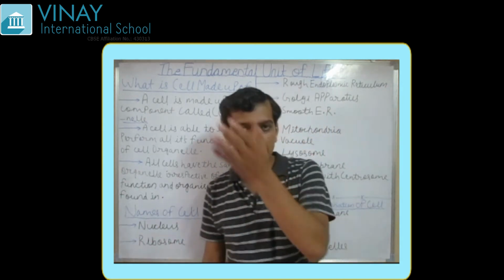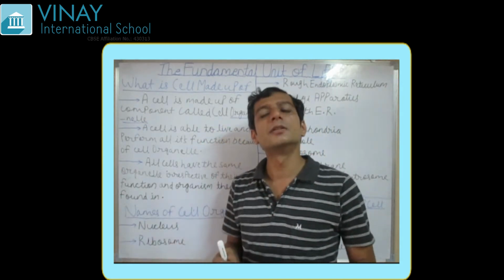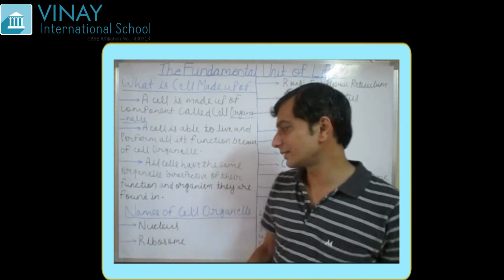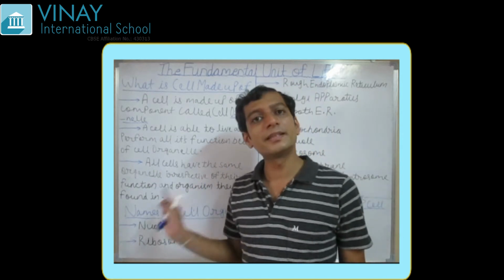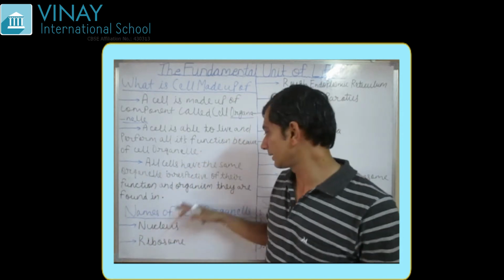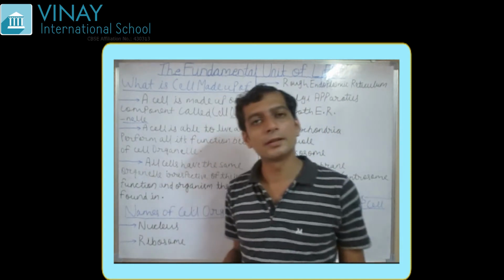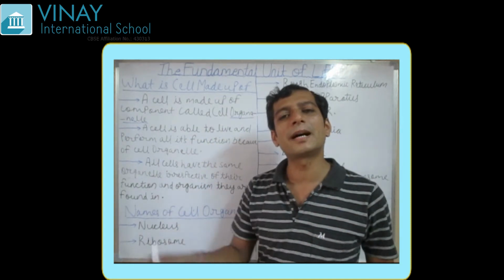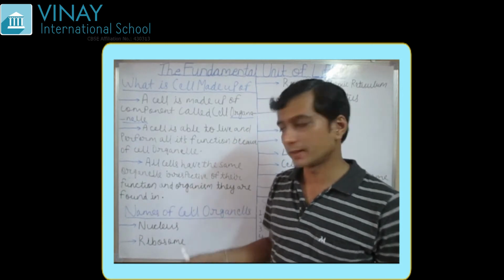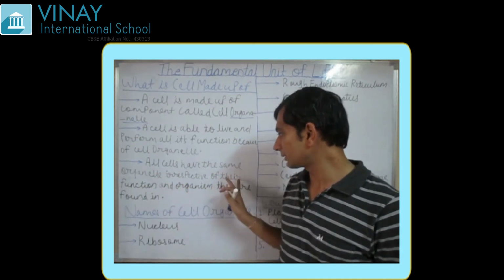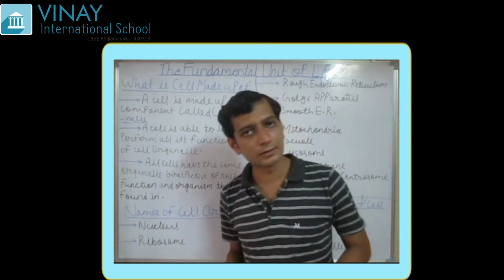This doesn't mean that if the parts are different, the organelles will be different. No. In all the cells, they have the same type of organelles, no matter what their function is, no matter which part performs which function. All cells have the same organelles irrespective of their function.